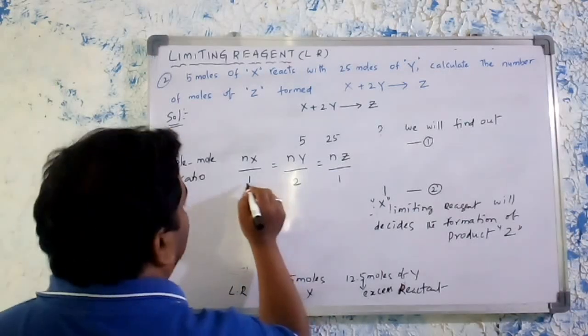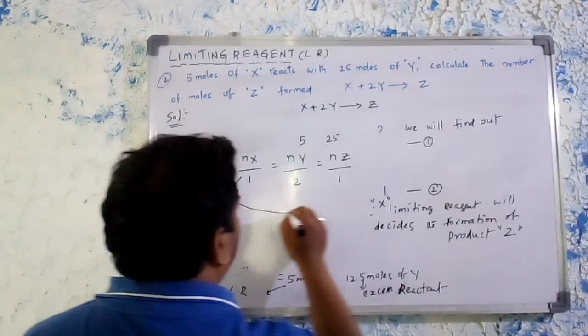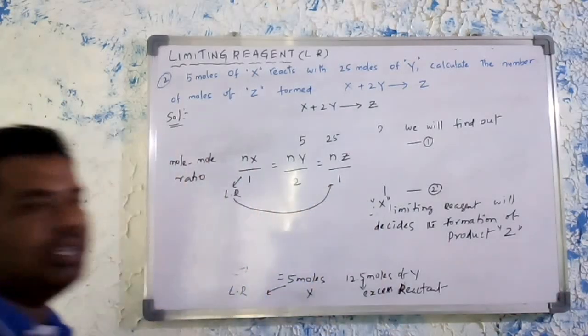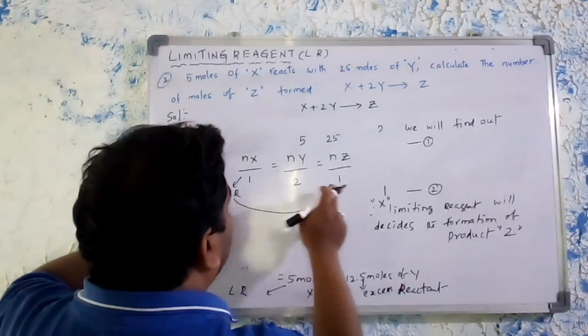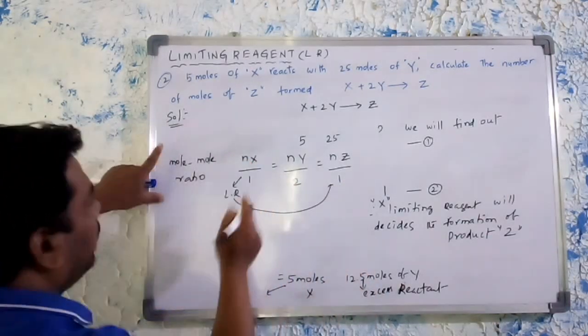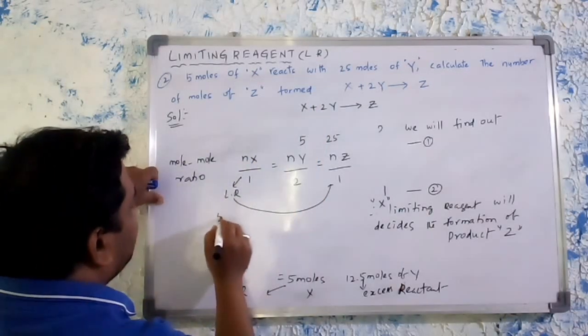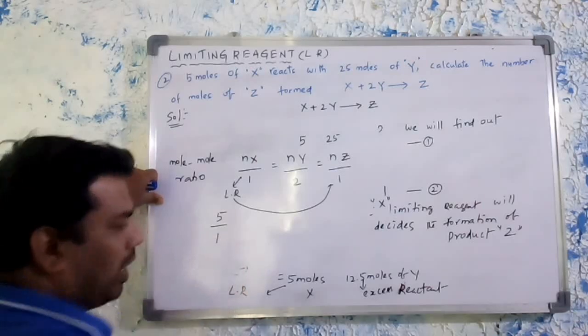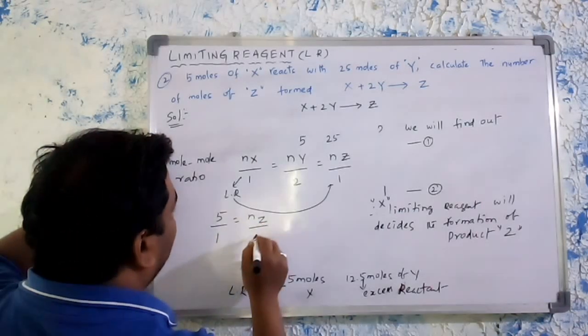Here X is our limiting reagent, so it will decide the formation of the product. Therefore we will consider the relation between the limiting reagent and the product. So that is equal to the number of moles mentioned in the question, 5 by 1, equal to the number of moles of Z by 1.